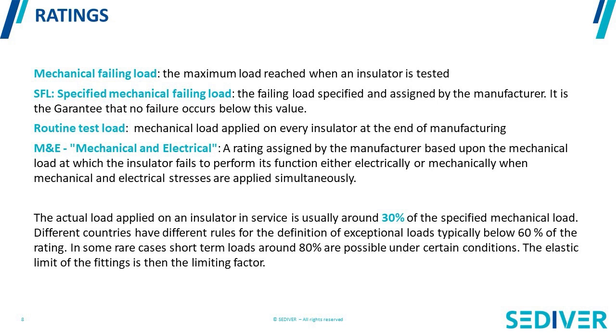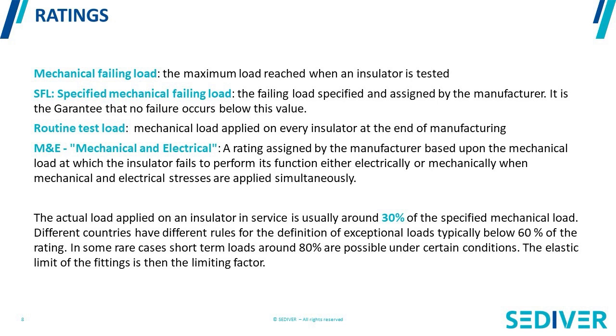Why half? Simply because in service, an insulator is typically subjected to 30% of the rating. In some exceptional cases, it can go to 50, and for short-term extraordinary loads 60, 65, or 80 for a few minutes per year. But you do not, in normal life, exceed 50% of the rating.